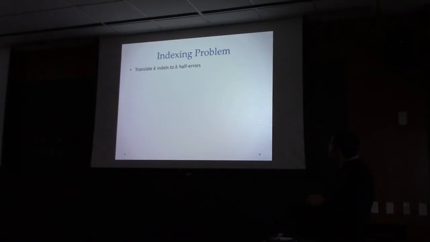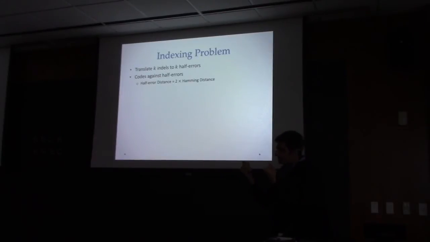In particular, if you have a good regular error correcting code, which has a distance of delta, I mean, the Hamming distance between its members is larger than delta n, its half error distance is also going to be large. I mean, 2 delta n, because, well, let's say you have 2 strings. The number of symbol changes that you need to reach the second one from the first one is exactly equal to half of the number of half errors you'll need to do this sort of conversion.